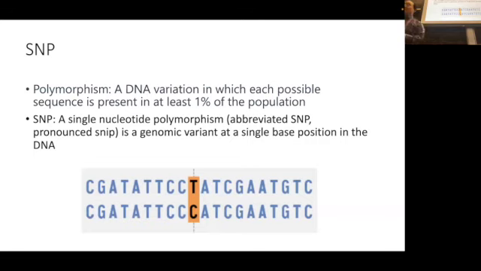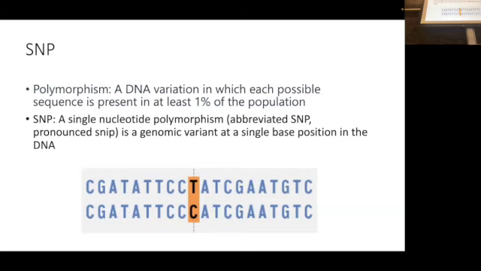So SNP is actually the easiest to study, and it's the most common DNA variant when you compare your sequence against the reference. Any questions so far? It's pretty basic, right?